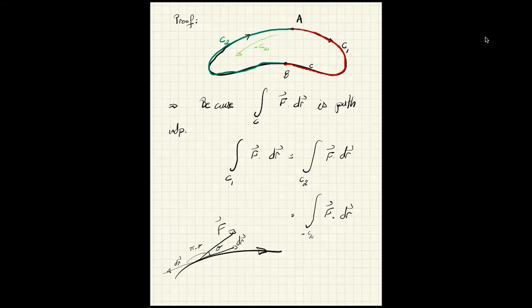Cos of pi minus theta is minus cos theta. So you're going to pick up a factor of minus all along the line. You still have the same vectors and the same norms, so you have minus here. So that's the reason.